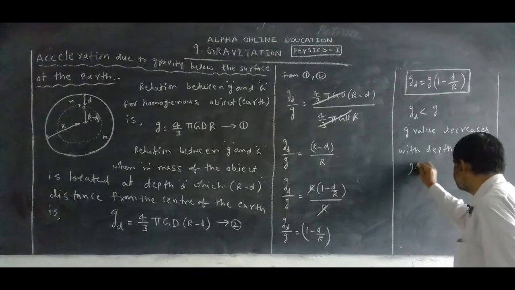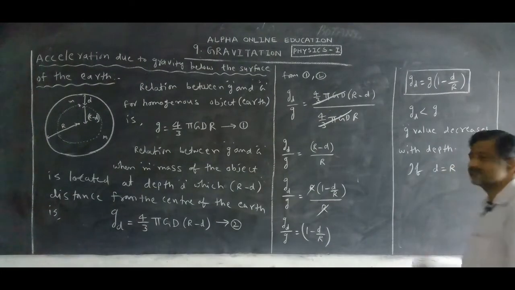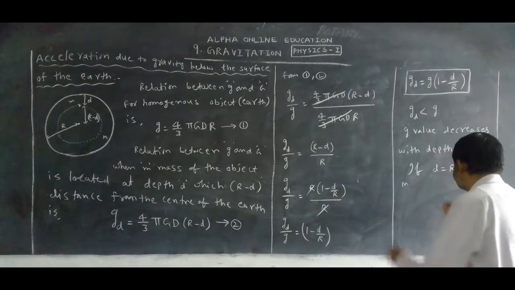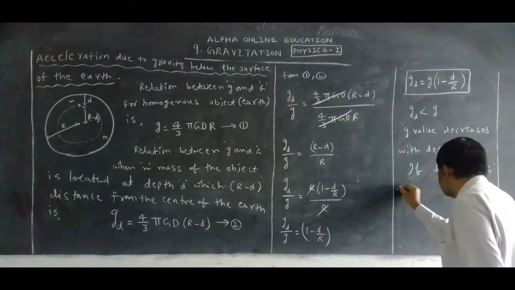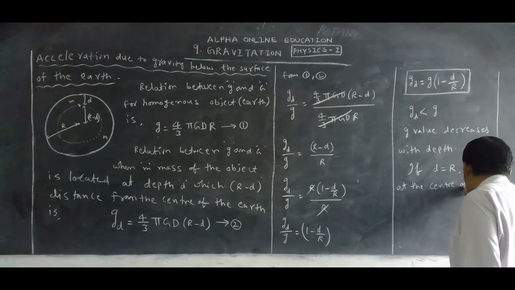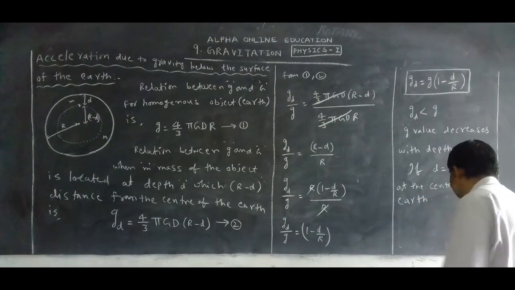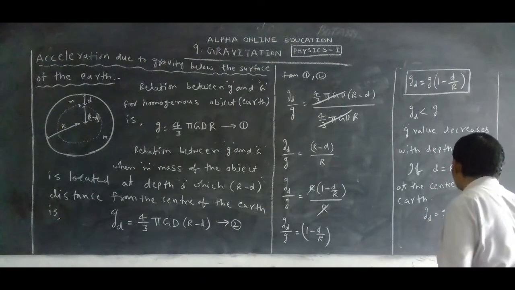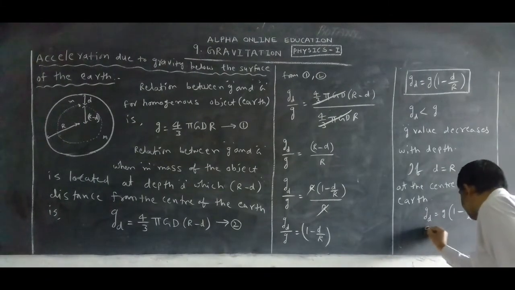If d is equal to R, means at the center of the earth, what happened? g_d is equal to g into 1 minus R by R, cancel.